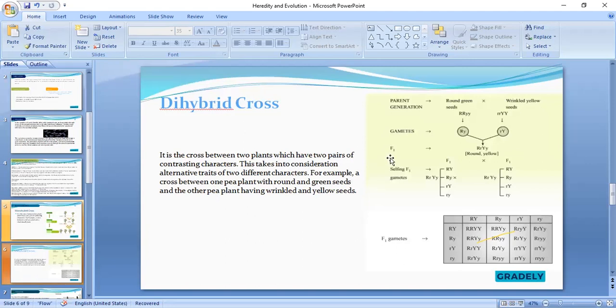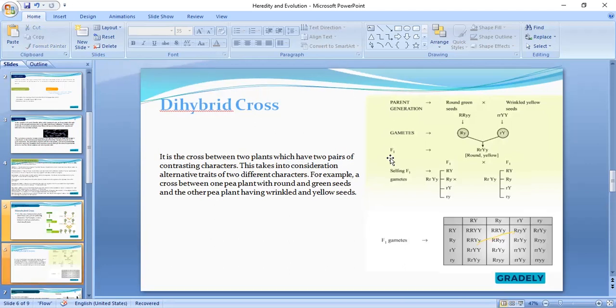Now I want to say something. One of your deductions is this: in monohybrid cross, the ratio of the phenotype is usually 3:1. The ratio of the genotype, 99% of the time, is usually 1:2:1.